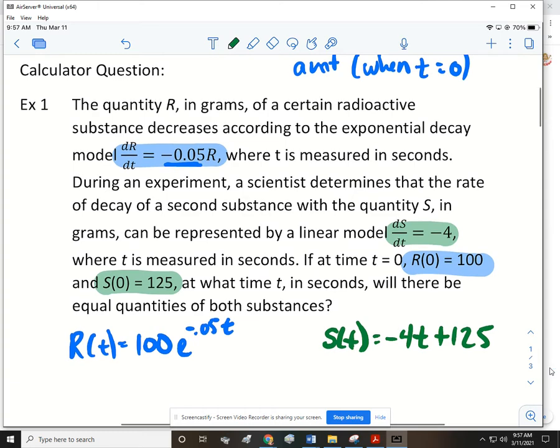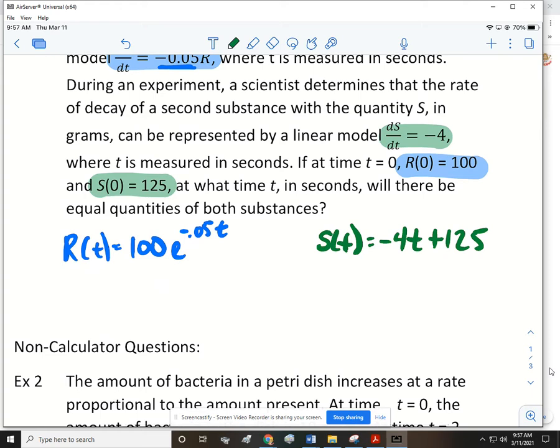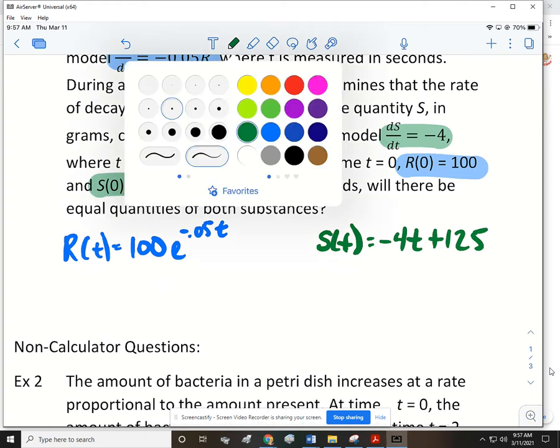All right, now because this is a calculator question, we're going to use the calculator to find where the graphs intersect.